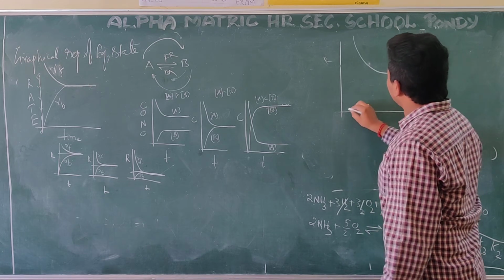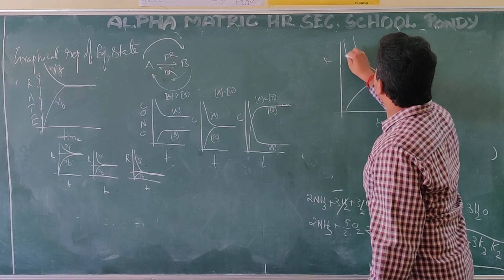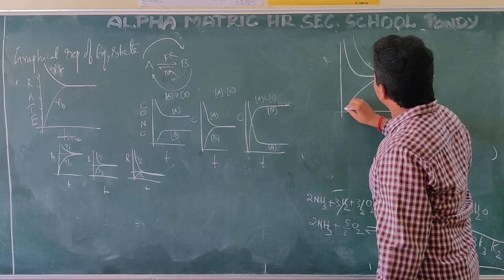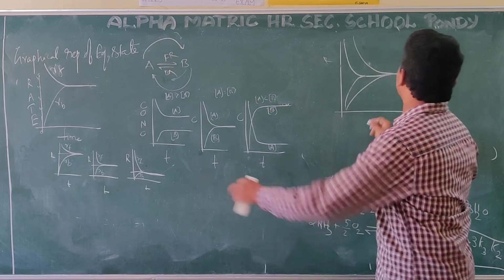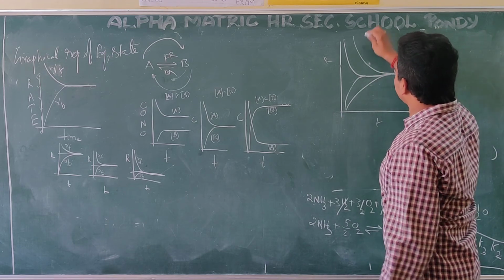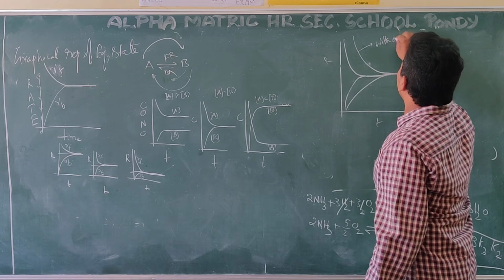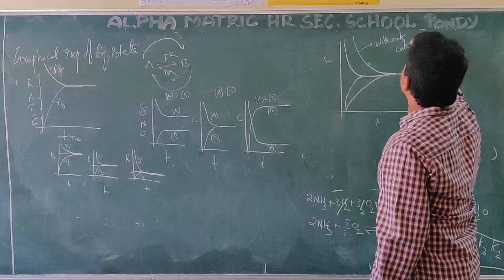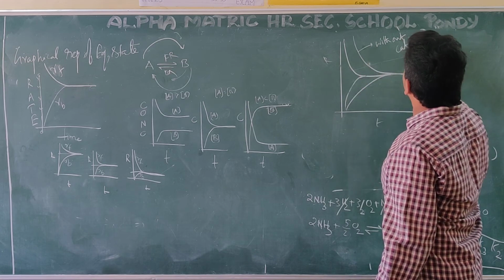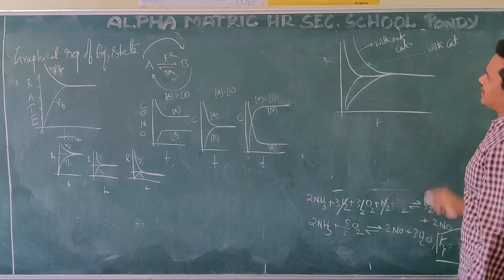For a reaction, the equilibrium state is like this only, and the other one will be like this. Here you see, it will be like this at this time. This graph is without catalyst, and this graph is with catalyst.